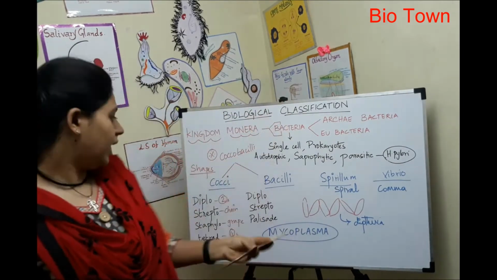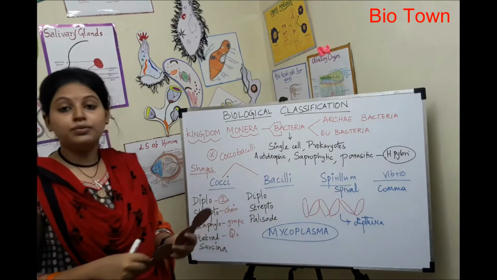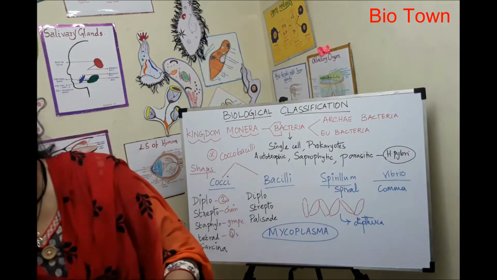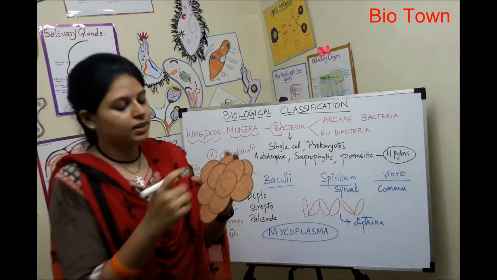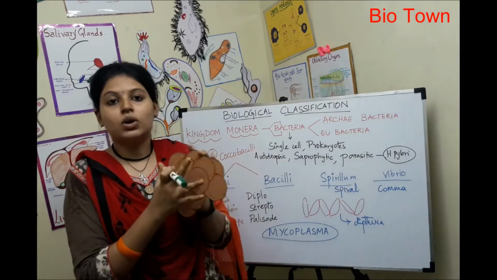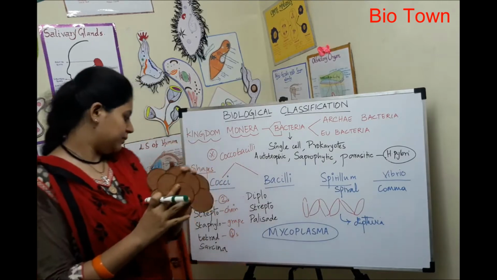So that is called streptococci. Next is staphylococci, which means it resembles the shape of a grape. Clusters. Can you see many bacteria there in clusters? A cluster of bacteria is called staphylococcus.